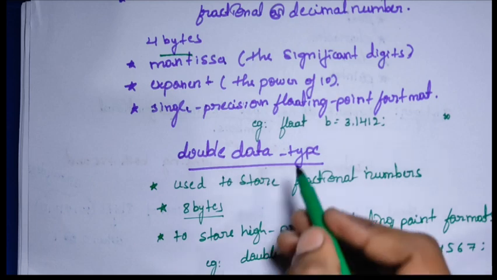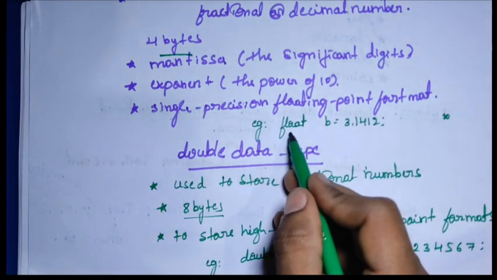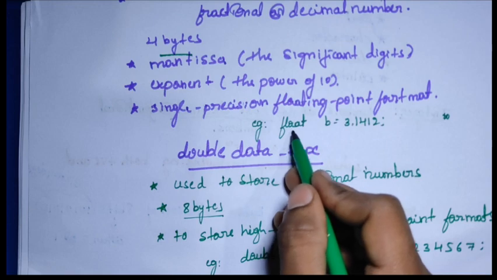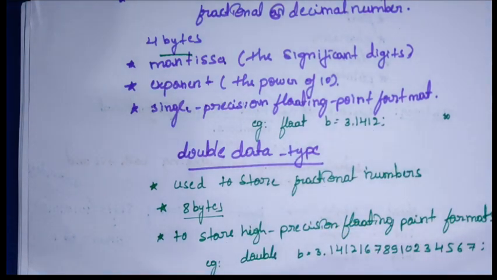Here I am considering the float data type. It is a way of creating the float data type. Syntax is nothing but a set of rules: what is the process, or what are the rules we have to follow to create the variables.